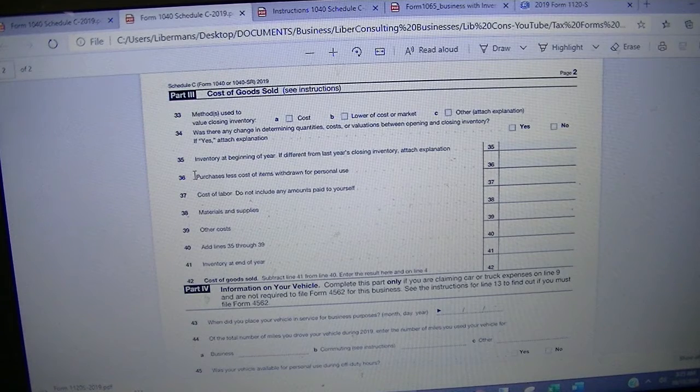So yes, you could put it on line 36 as well. Or to keep things clean, you can just come here on other costs and just add it here, that $200.